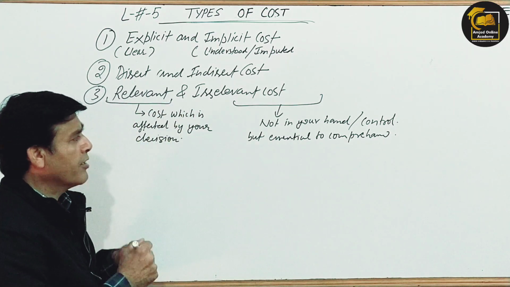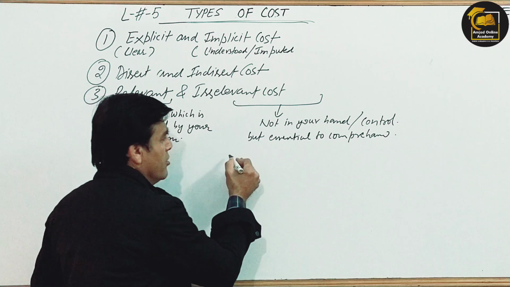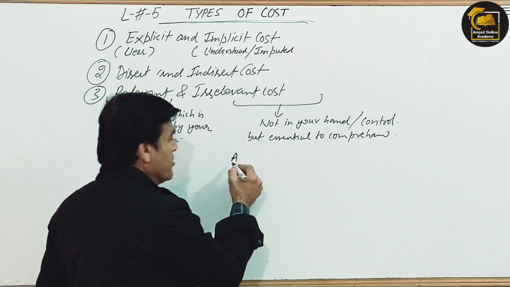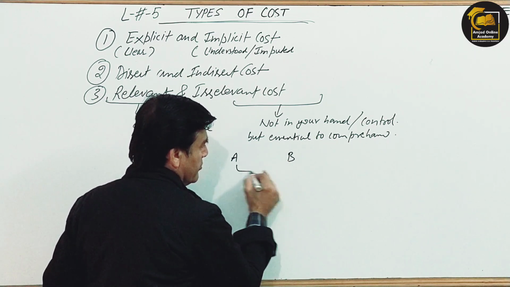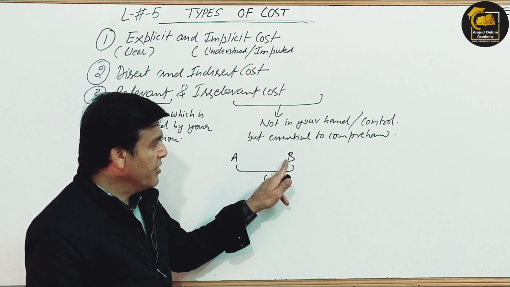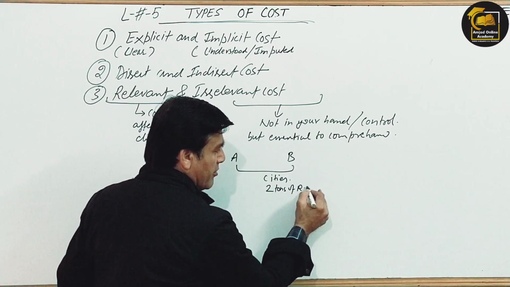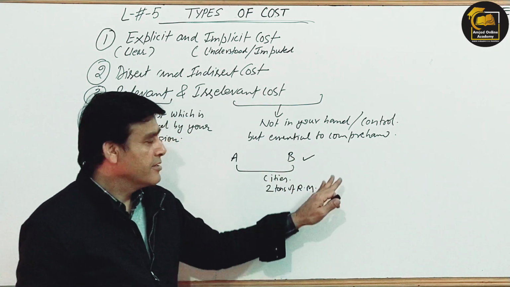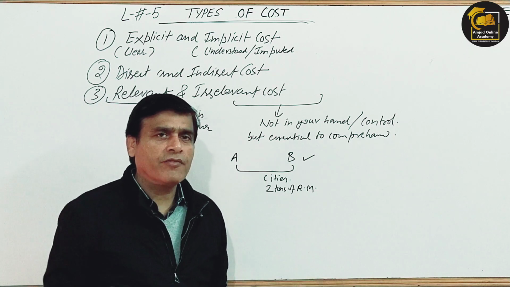Suppose you are purchasing your raw material from city B to city A. Here is your factory, and you are purchasing raw material from city B. You have to purchase 2 tons of raw material from city B, for example, and any kind of material, I'm not talking about what kind of factory it is.